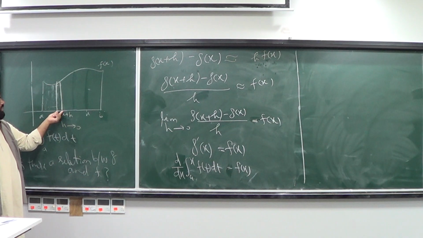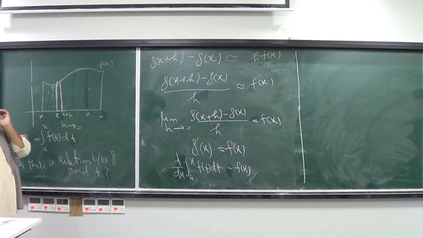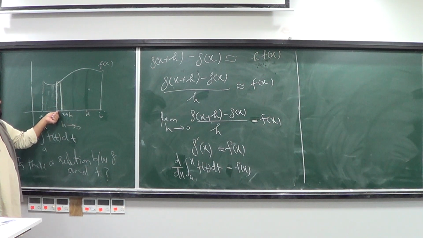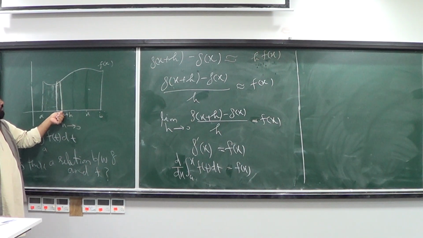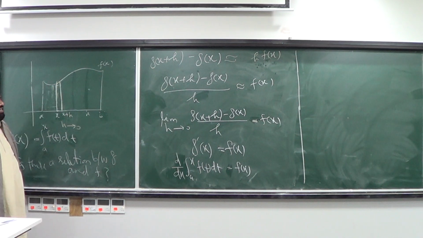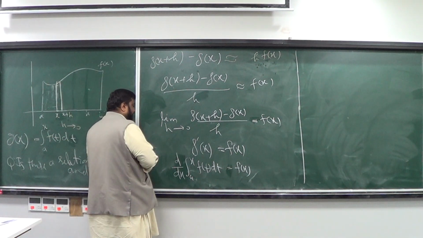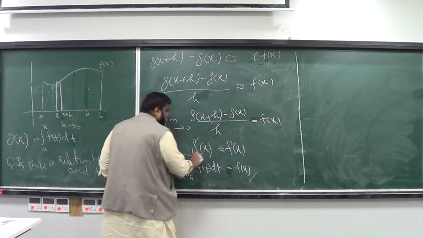I can approximate this difference by a rectangular region, h times f of x. And if I make h smaller and smaller, f of x plus h will get closer and closer to f of x. So this is an interesting conclusion of differentiating an integral.